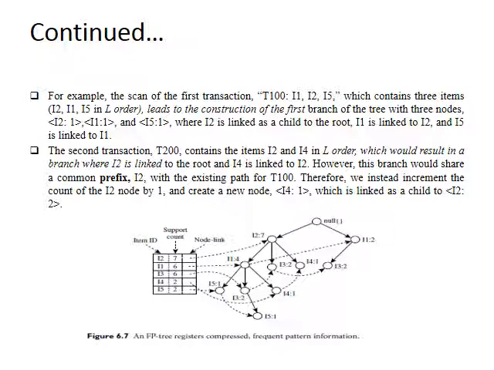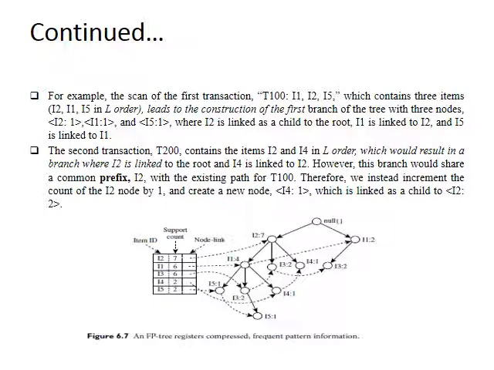This leads to the construction of the first branch of the tree with 3 nodes: I2:1, I1:1, I5:1. We mention the count of how many times each item occurred in that transaction. Here I1, I2 and I5 each occurred 1 time, where I2 is linked as a child to the root, I1 is linked to I2, and I5 is linked to I1.